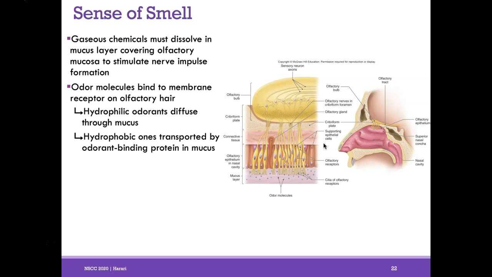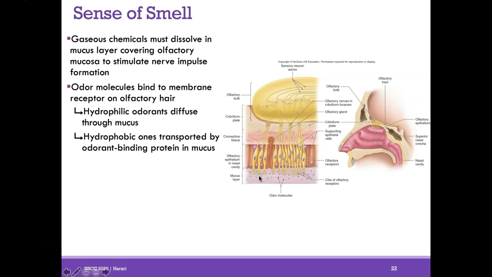And there are two types of odorant molecules. It could be either hydrophilic, which can go directly through the mucus and interact with these olfactory cilia, or the hydrophobic ones that can't interact with the watery mucus have to bind to special proteins that help transport the odor molecule through the mucus so they can interact with the cilia of the olfactory receptors.